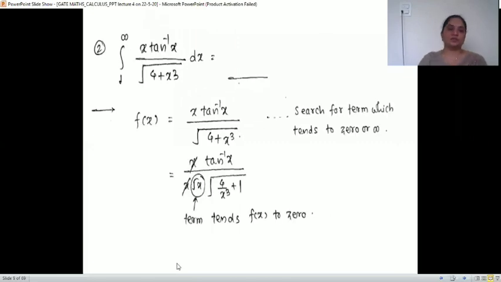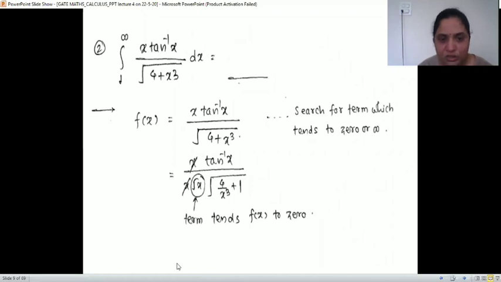Next, you have to check convergence or divergence. Can you check whether this is convergent or divergent? Some part I have given to you, that is f of x. I'll tell you this: x tan inverse x upon root of 4 plus x cube.